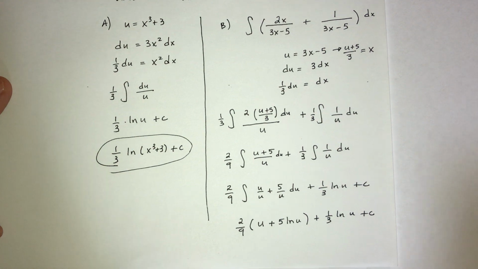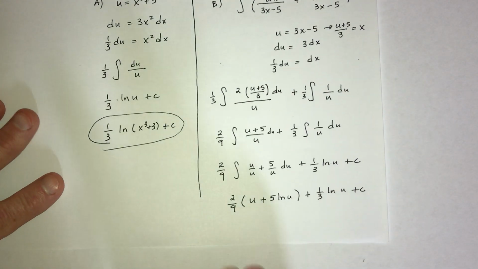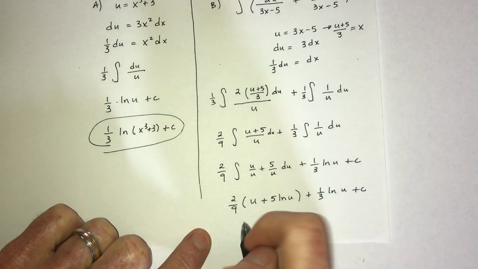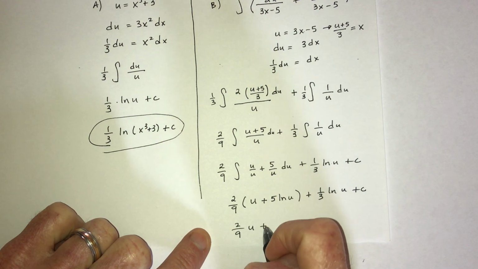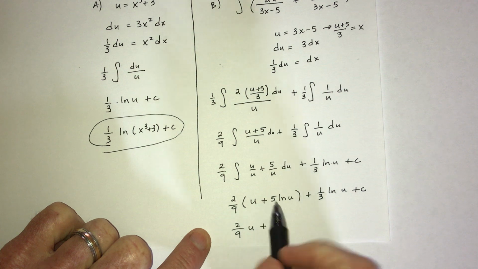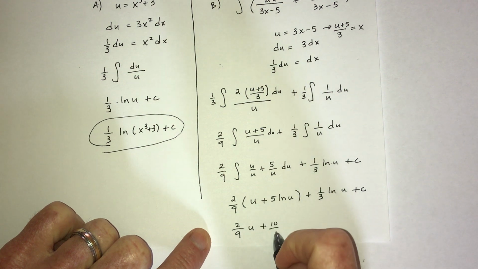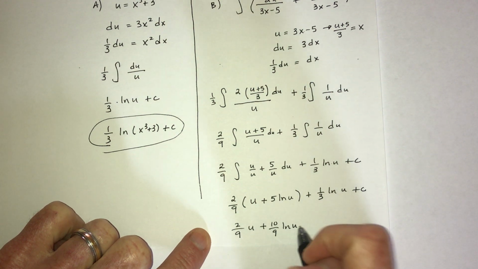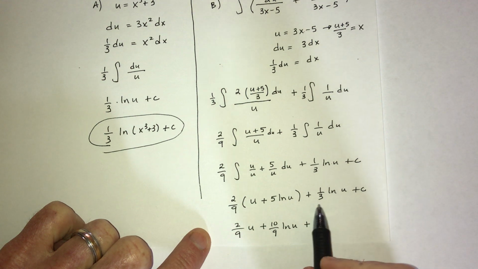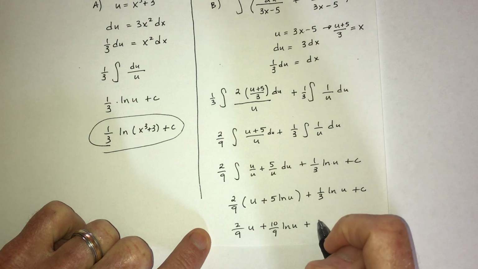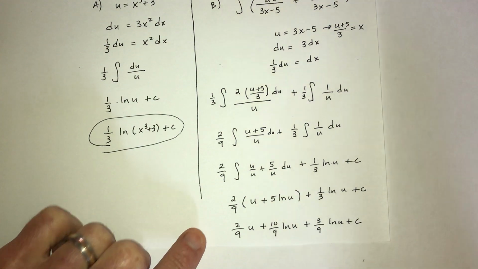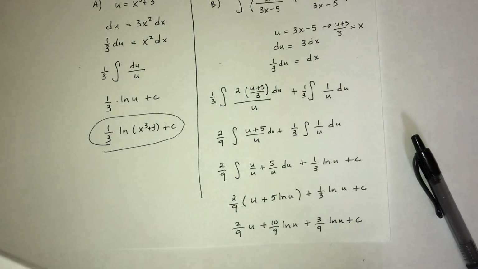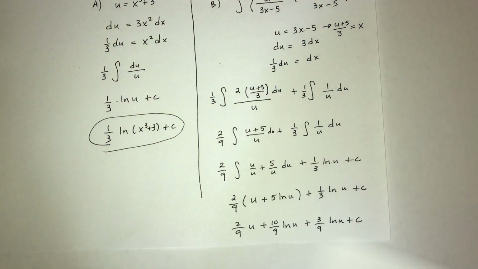And what remains? So there would be 2/9 u plus, if you distribute this, that's going to be 10/9 natural log of u plus, and then I'm going to change this one to ninths. So multiply the top and the bottom by 3. This is going to be 3/9.